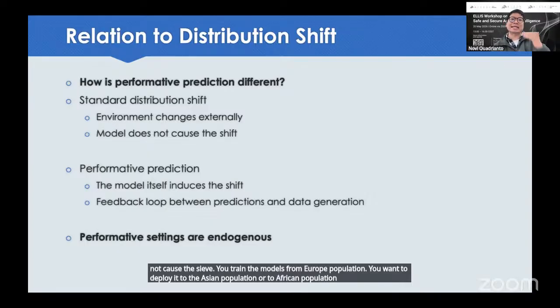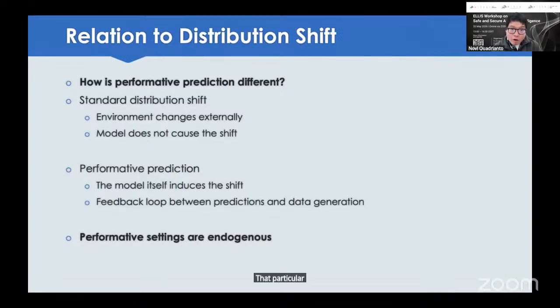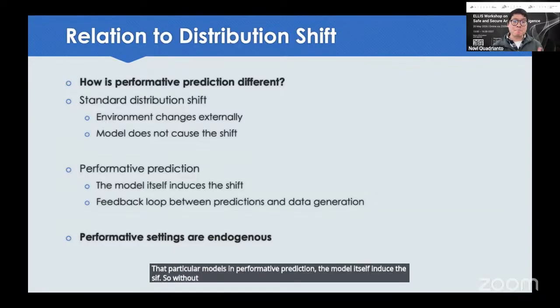The environment changes externally; you just change where you deploy that particular model. In performative prediction, the model itself induces the shift. So without doing anything else, by simply deploying the model, you create a feedback loop between prediction and data generation. So you might think that performative settings are endogenous systems.